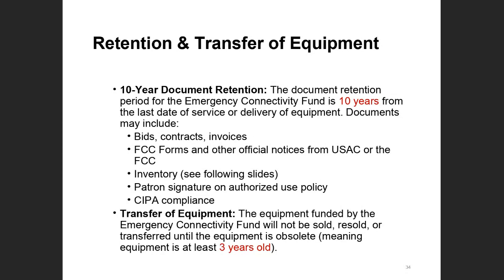For this upcoming window, July 1st of 2021 to June 30th of 2022, you're going to need to keep all of that documentation until at least June 30th of 2032. Super long time. Hopefully it'll be somebody else's problem by then, but who knows?